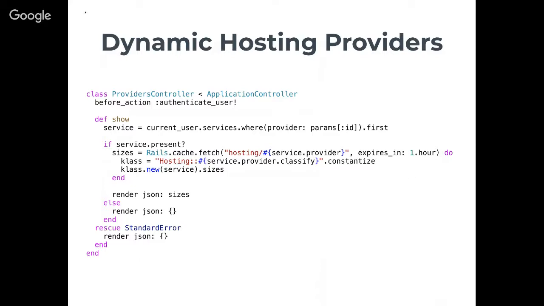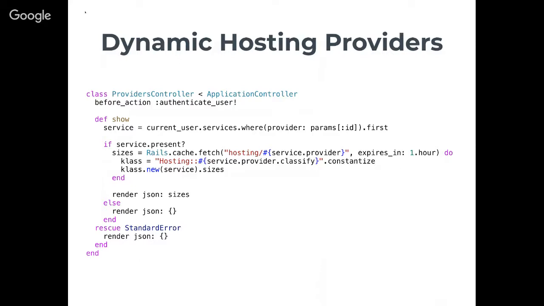And each one of those is set up so that we can cache it for the provider. So whether it's DigitalOcean or not, we will keep a separate cache for each one of those. And then it uses constantize to find that correct hosting class in order to call the size method on it. So it's pretty neat.